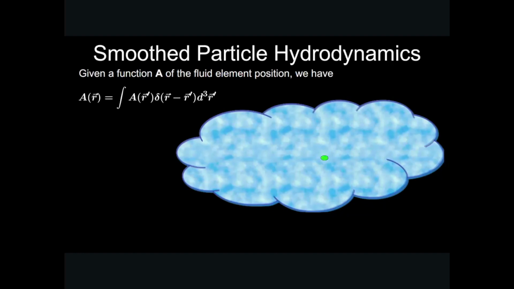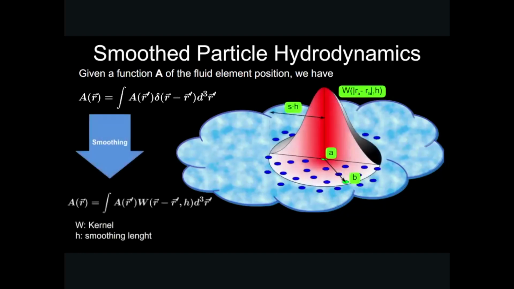The first thing that SPH does is a smoothing of the Dirac delta into a kernel function, which is an analytical function, bell-shaped, and has a fixed domain determined by the so-called smoothing length h.